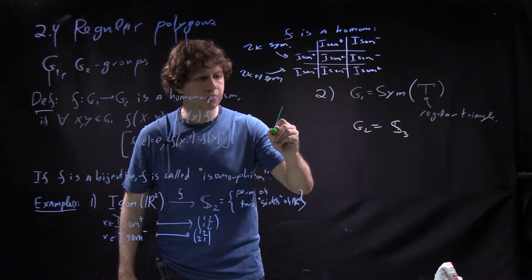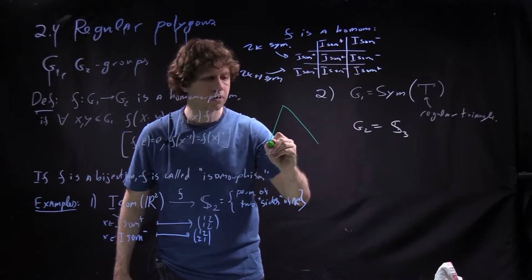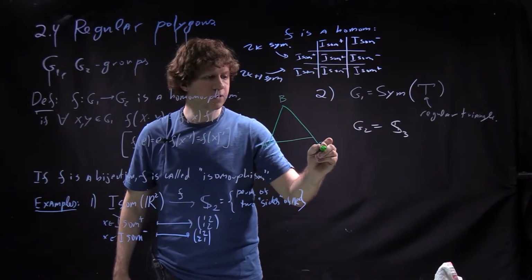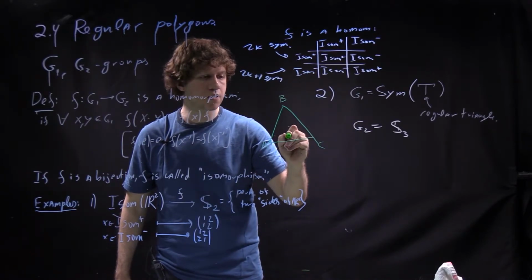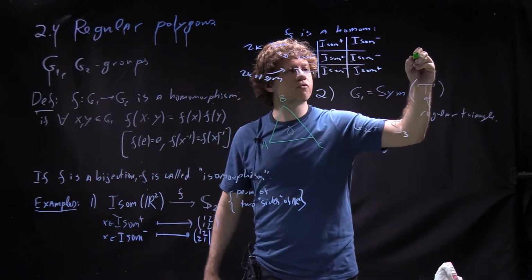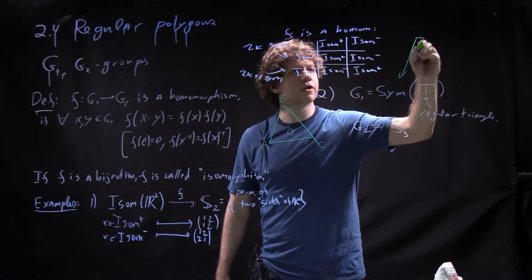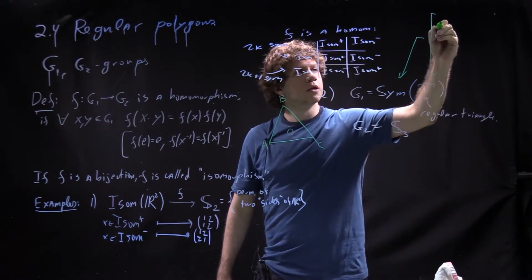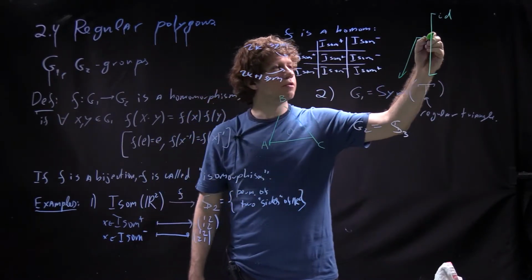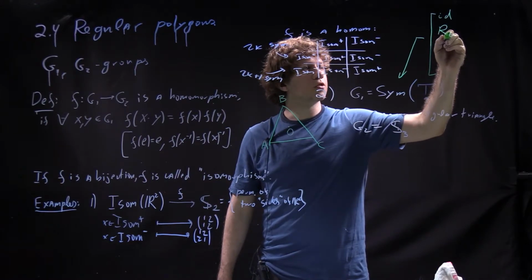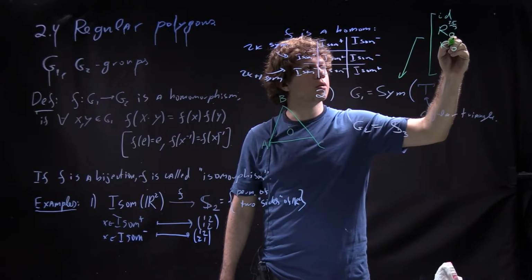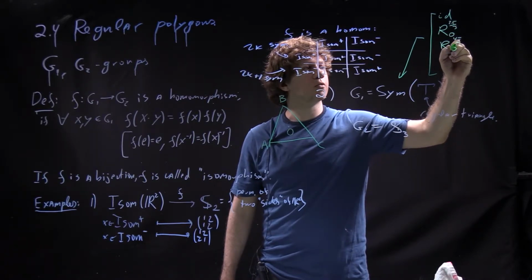We have a regular triangle ABC with center O. Then I have the group of symmetries of T, and I can write down all its elements, the whole list. I have the identity, and then I can rotate it: a rotation with center O by the angle 2 pi over 3, and a rotation with center O and the angle 4 pi over 3.